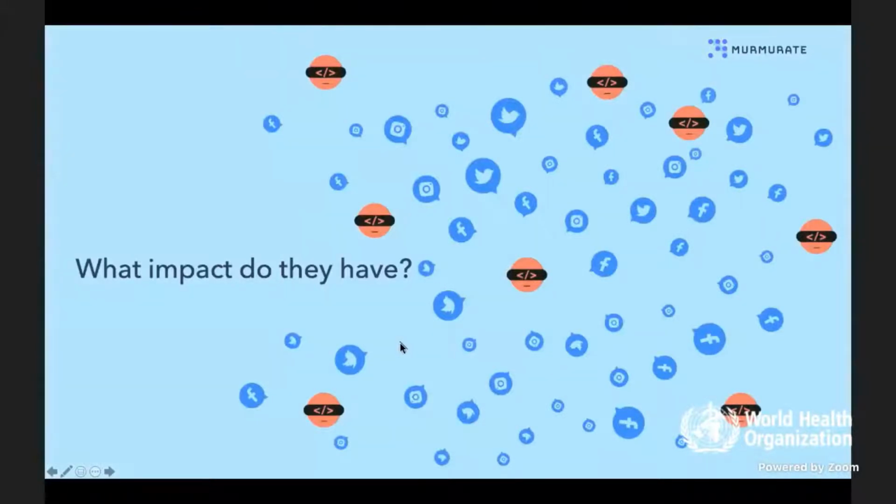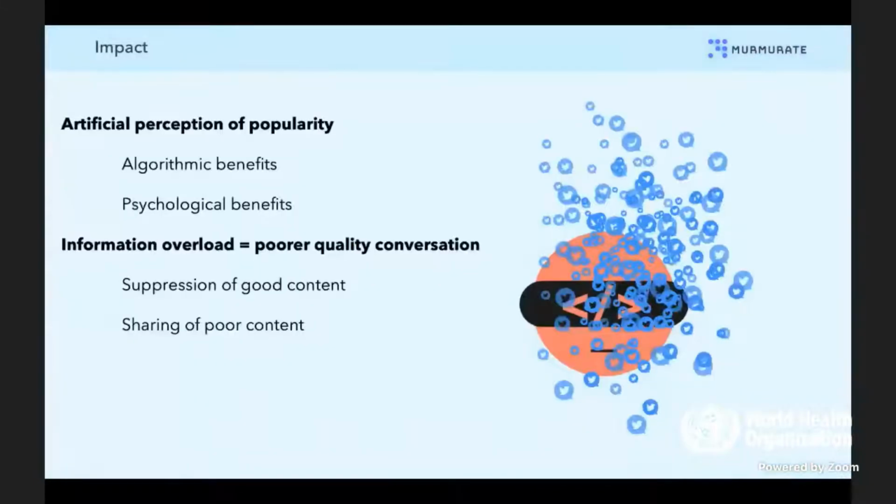So when we think about what bots are doing, out there potentially rebroadcasting, amplifying content, what impact do we actually see it having on social media? Well, I would say there are two main parts to this. And the first really key part is that they create this artificial perception of popularity.